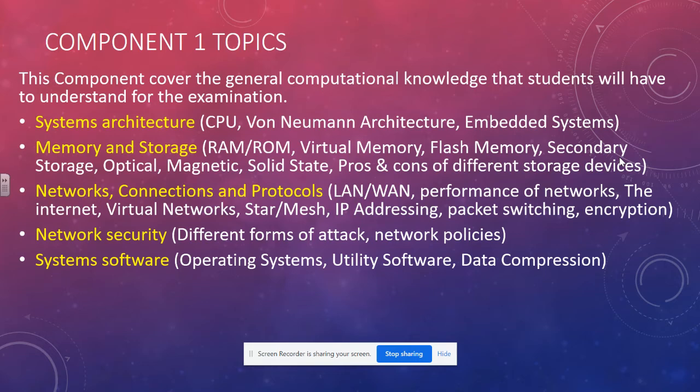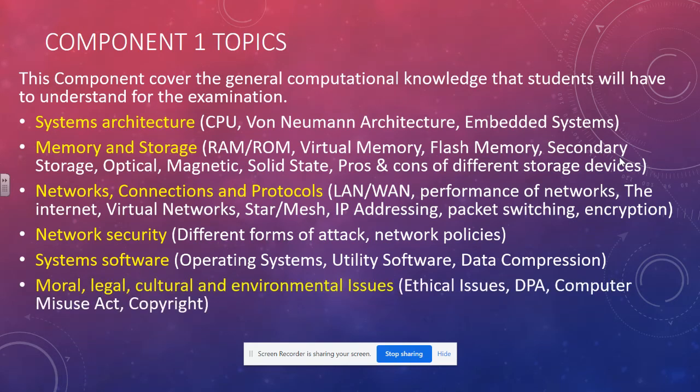Networks, connections and protocols: we look at LANs, wide area networks, IP addressing, virtual networks, various topologies of networks too. Network security: different forms of attack on a network and network policies.